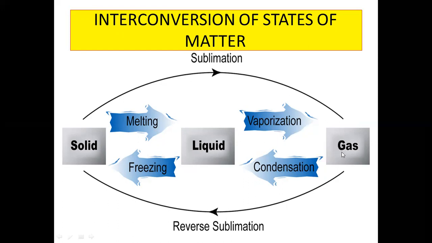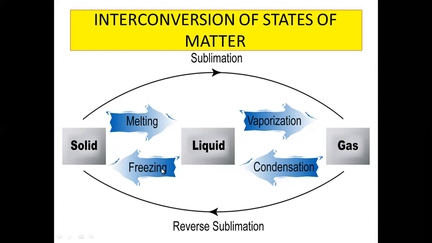Vice versa, I can convert gas to liquid by cooling, right? See, this is the arrow in the forward direction and this is the arrow in the backward direction. So it clearly indicates the processes are reversible. When I change a liquid to a solid on cooling, that is called freezing.